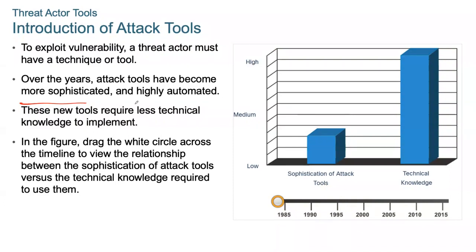Instead of writing sophisticated programs and then trying to execute them remotely to gain access, they use these automated tools to gain access to your network. These new tools require less technical knowledge to implement: just install, and the attacker comes to know how to operate that particular tool, right?